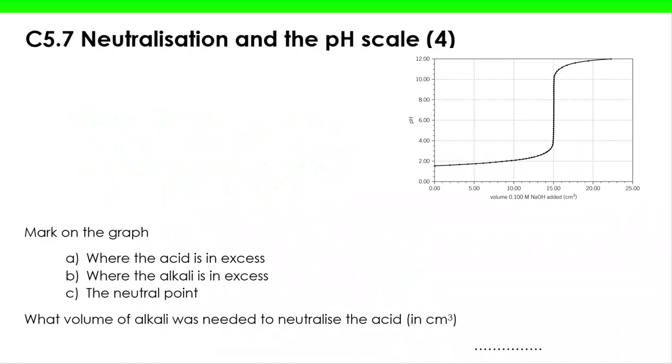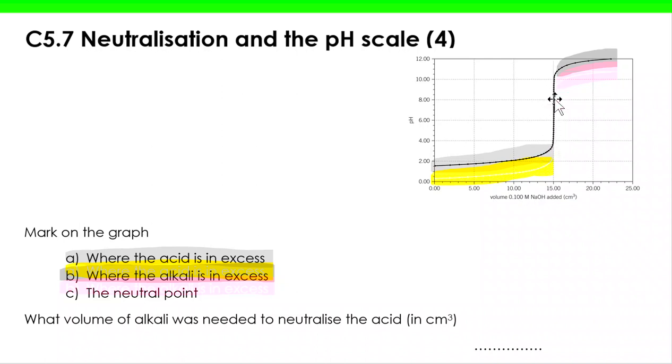Let's have a think about what else we can see from here. Let's mark on the graph where the acid is in excess, where the alkali is in excess, and where the neutral point is. Well, the acid is going to be in excess up until we reach pH of 7, which is here. So it's until we get to this point.